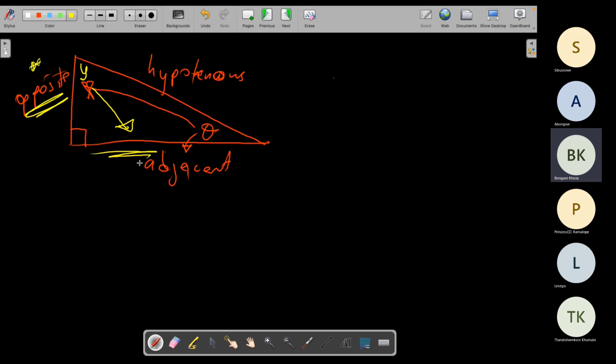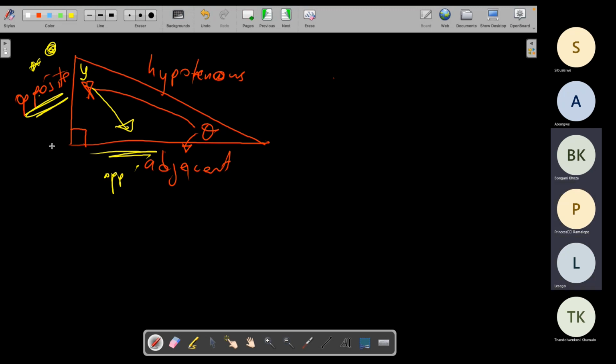The opposite for y becomes this one. It's not that this part is always opposite. Depending on where your angle sits, this is the side facing y. So this becomes opposite for y. This is opposite for theta. So adjacent for y becomes this side. Are we okay? Do we follow that one?